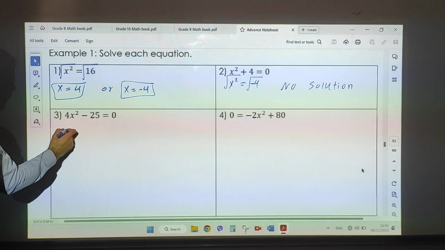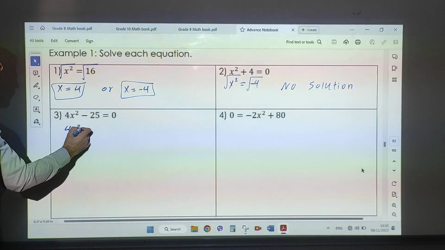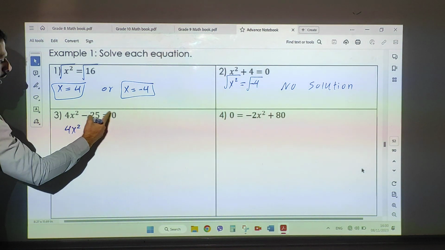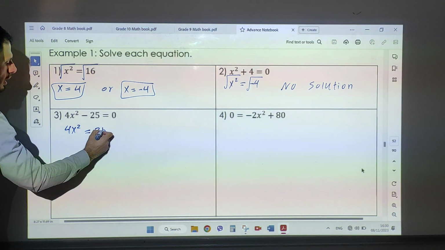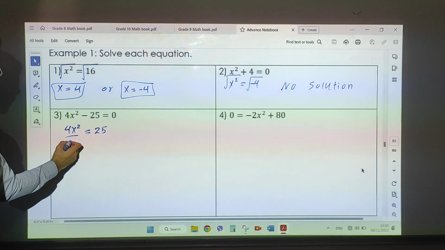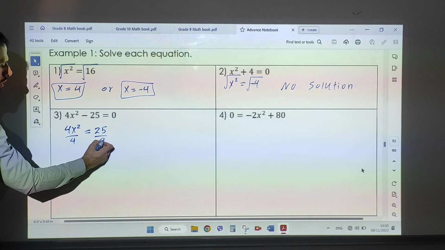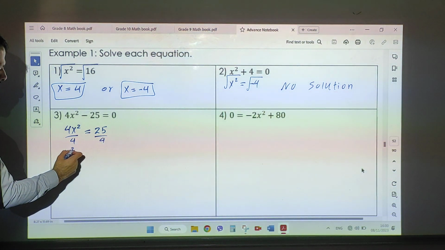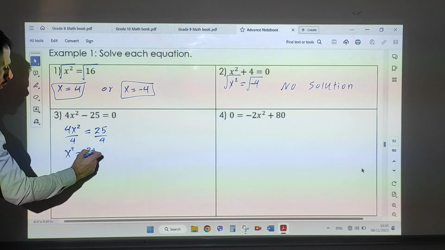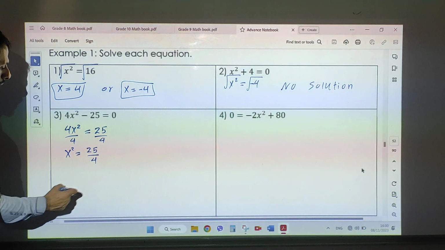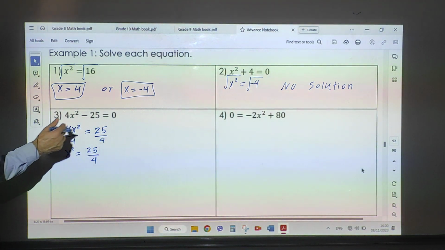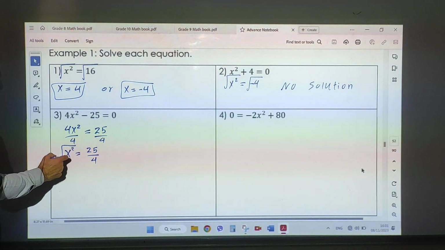But now we solve to have x power 2 on one side and the other numbers on the other side. To make x power 2 alone, we divide by 4. Then x power 2 equals 25 over 4. In this case, where you have x power 2 equals some number, you take the square roots.